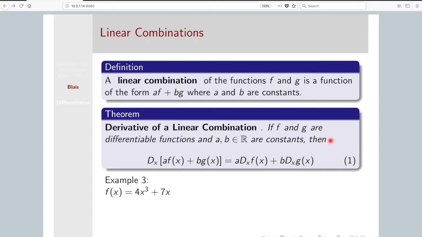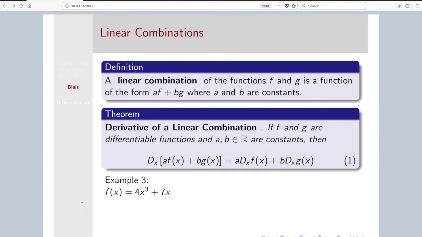And our theorem for the derivative of linear combinations says that the derivative of such a linear combination, so you have a times f of x plus b times g of x, you can split up the derivative into the sum of derivatives and then factor out the constants. Effectively, what this tells you is that you can go through a question like this one and do the derivatives one term at a time.